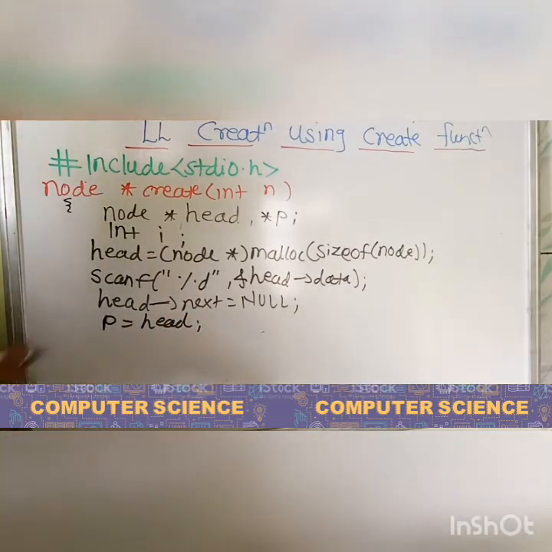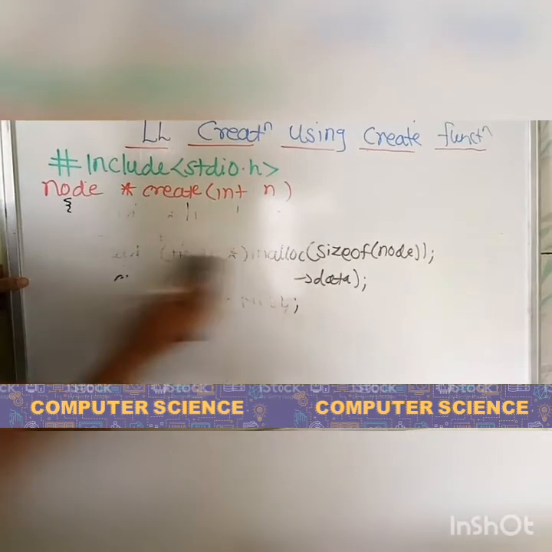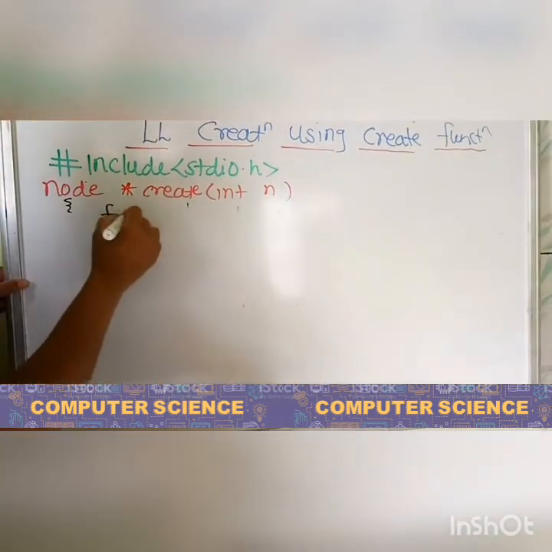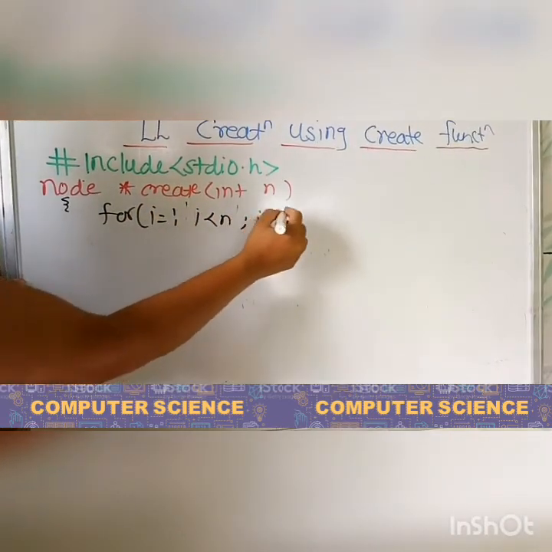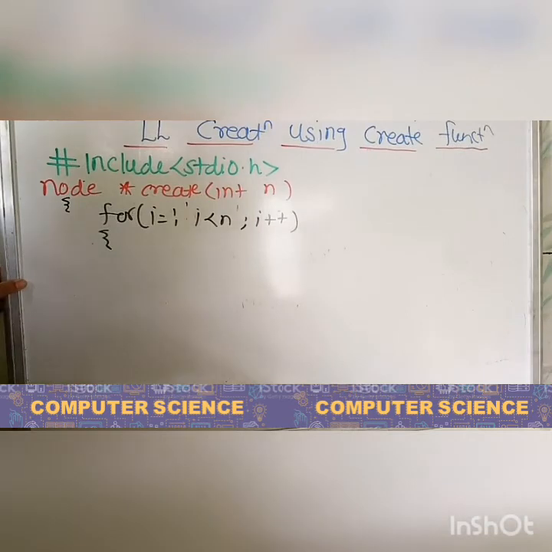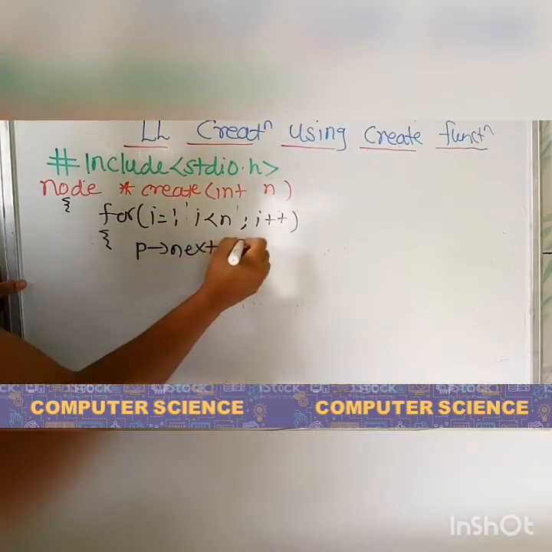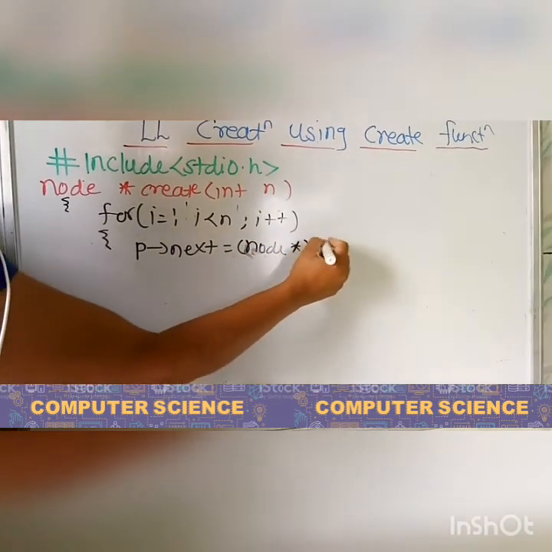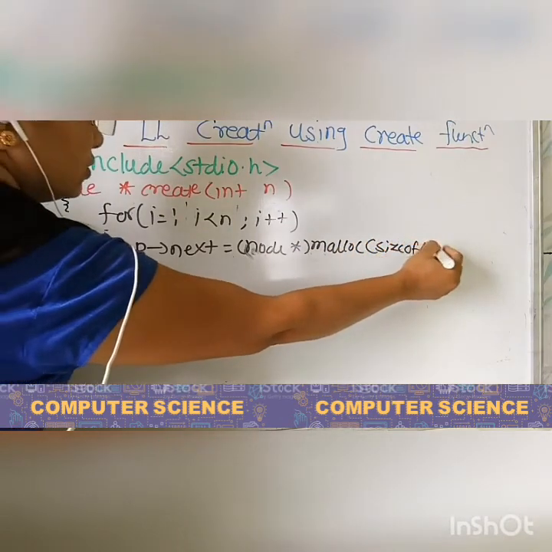Now till now we have created a single node, we have to create the multiple n nodes. We will see them one by one. For that we have to take a for loop, means for i equals 1, i less than n and i plus plus. Here we will allocate the memory, means for a next node, p->next equals node star malloc sizeof node.